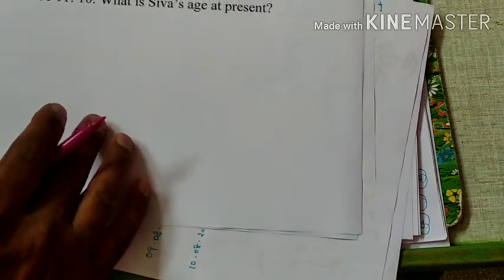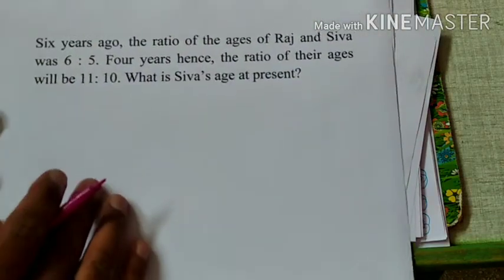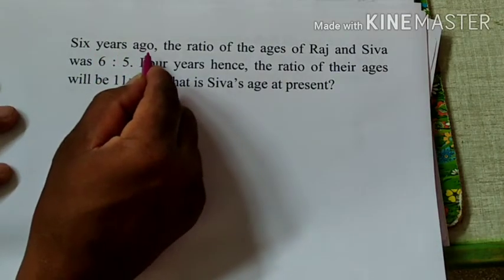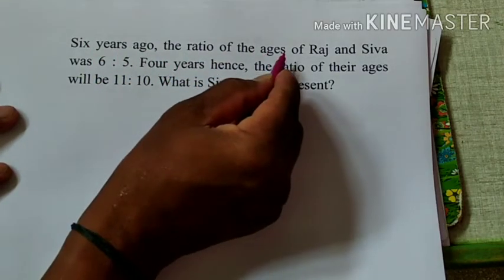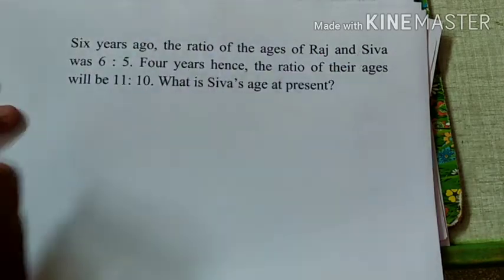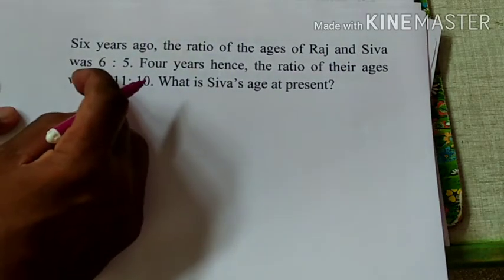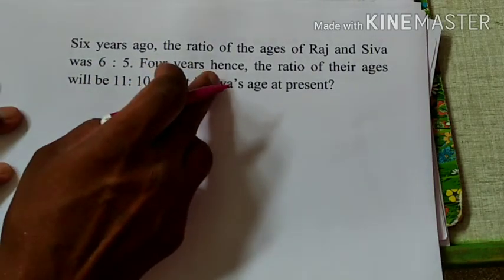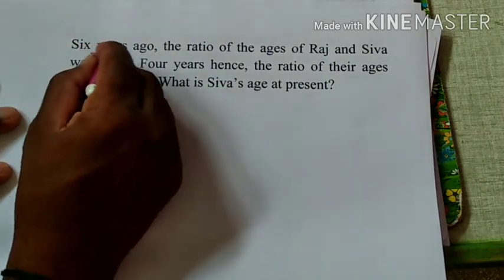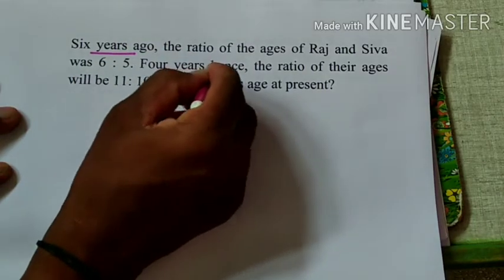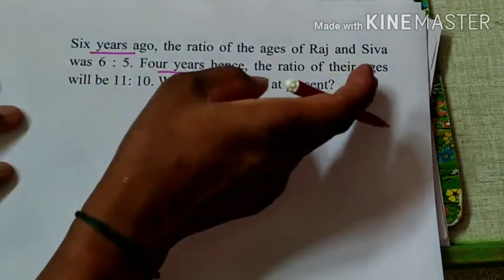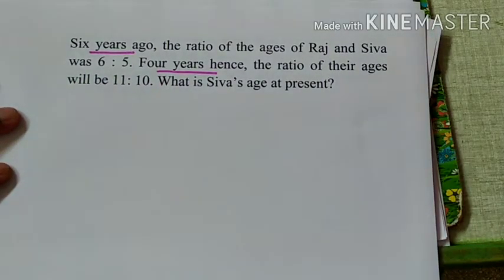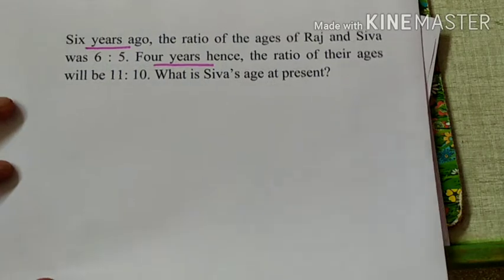Fourth problem. I will read the problem very carefully here. 6 years ago, the ratio of the ages of Raj and Siva was 6:5. 4 years hence, the ratio of their ages will be 11:10. What is Siva's age at present?